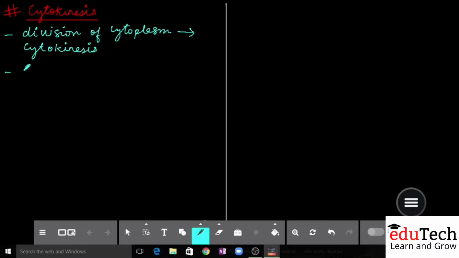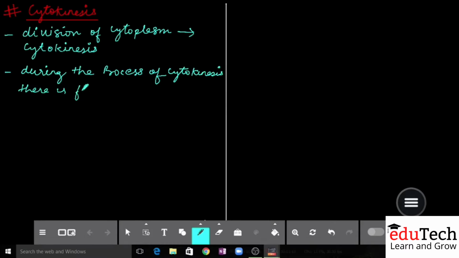Cytoplasm gets divided, but you must understand that once cytokinesis happens, there is formation of two daughter cells.